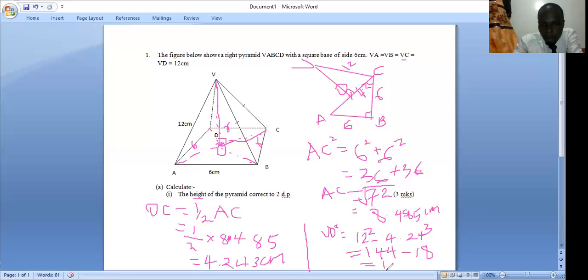So VO is the square root of 126, which can also be found using the calculator. VO becomes 11.2245.